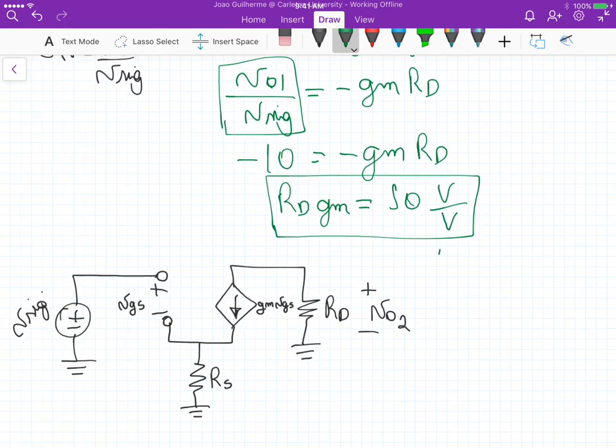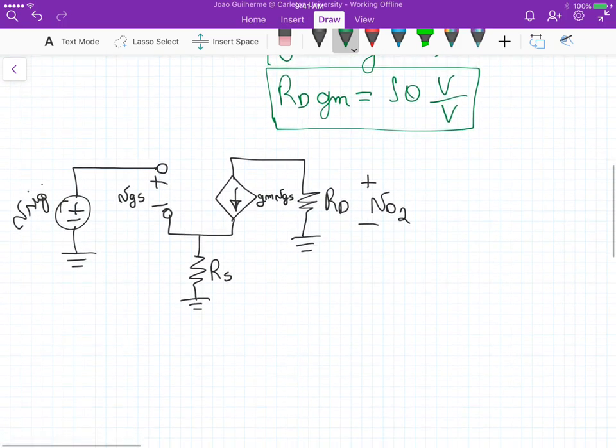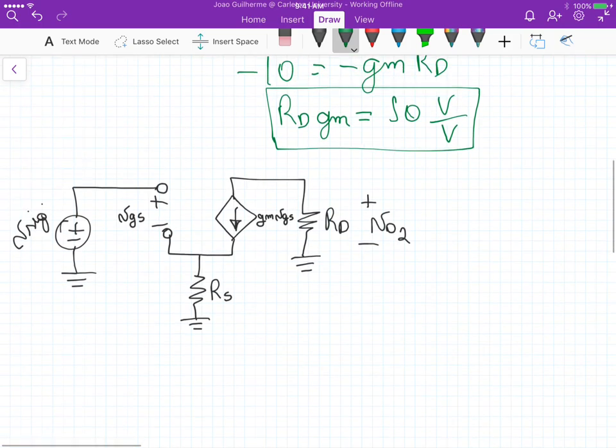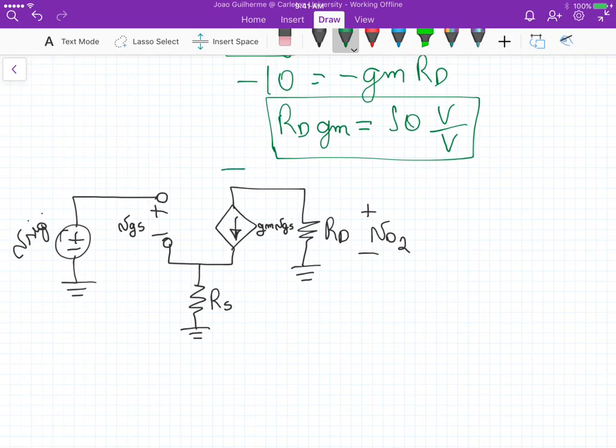Now suppose we include a source resistor in this circuit, right? So now we have an ID2 flowing here, and this VGS is no longer equal to V signal because there's no 0 here anymore. Now we have a voltage Vs that's equal to Rs times ID2.